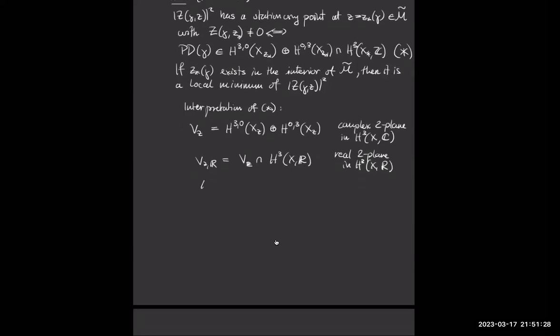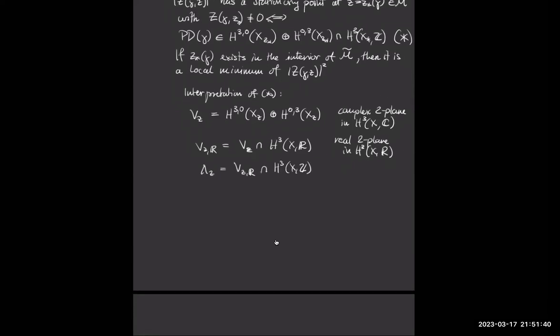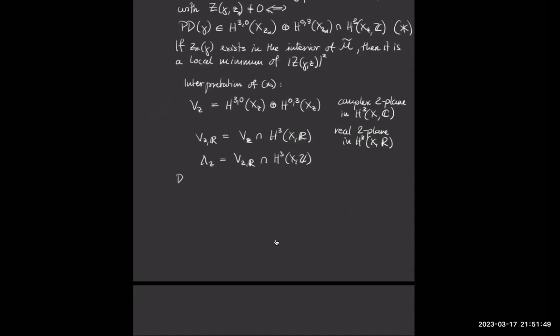So finally, if we intersect VCR with the cohomology lattice, we get a lattice, and actually I should have called it maybe... Okay, let's do it.